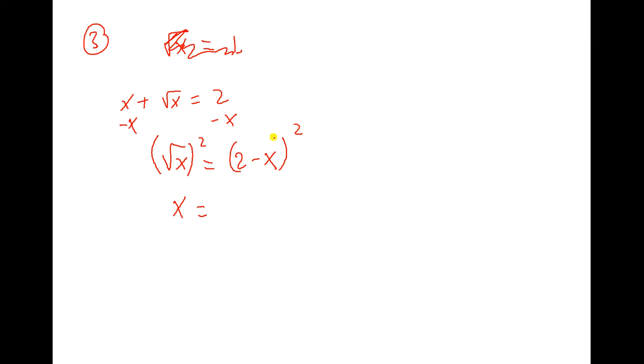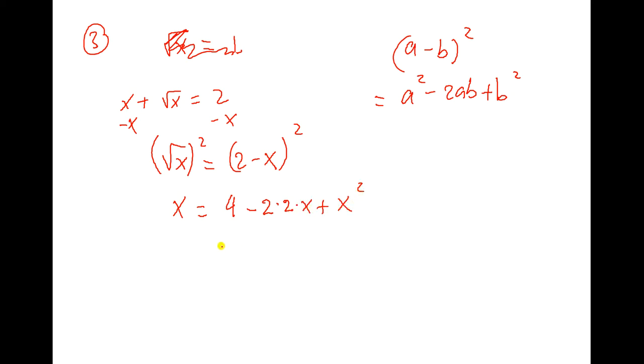Using the formula a minus b squared equals a squared minus 2ab plus b squared, 2 squared is 4, minus 2 times ab, and then plus b squared. If I simplify this, I get x equals 4 minus 4x plus x squared.